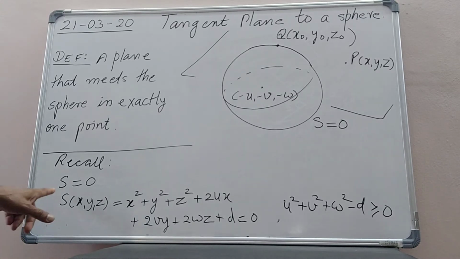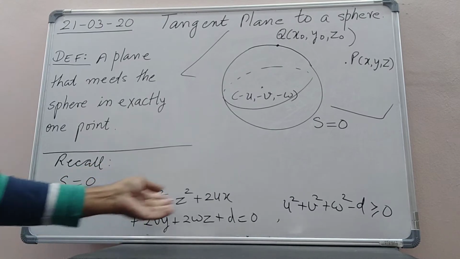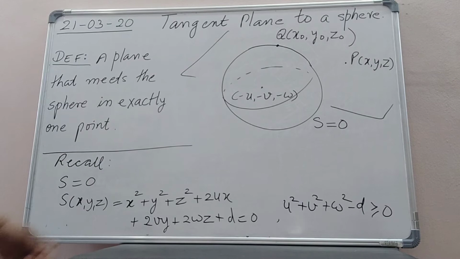This will be a preferred way of expressing a surface when you are dealing with level surfaces, which appear in vector calculus. And also it is a very short notation. So instead of writing this long expression, I simply write S equal to 0 to denote the sphere. All right, so let me continue.